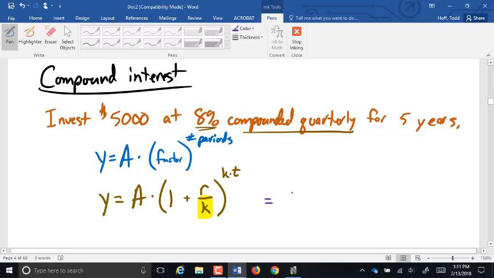So for this problem, it's our $5,000 initially times 1 plus 8% has to be written as a rate, 0.08, divided by 4 to the power of 4 times 5.